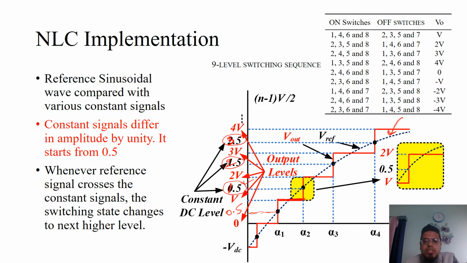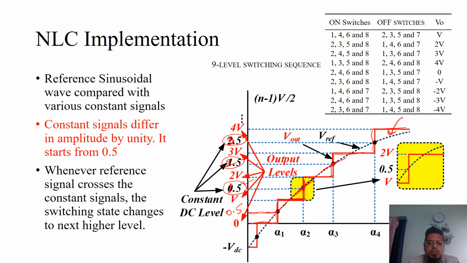There was a slight mistake here. Anyway, 0.5 is here. Whenever the sine wave increases above 0.5, the level changes from 0 to level 1. Similarly, when it goes above 1.5, the level shifts from 1 to 2, and when it goes above 2.5, the level shifts from 2 to 3, and similarly it moves from 3 to 4, and so on.